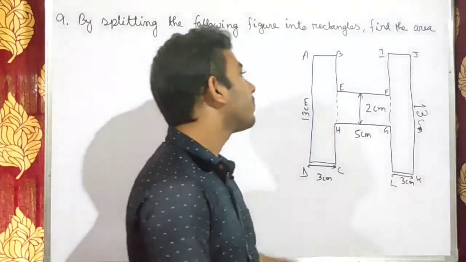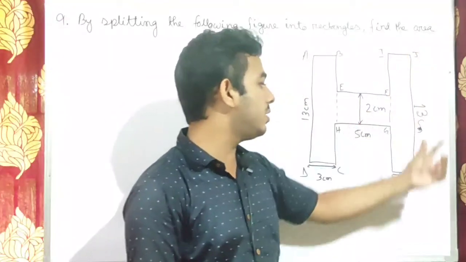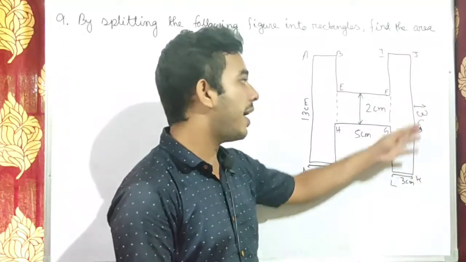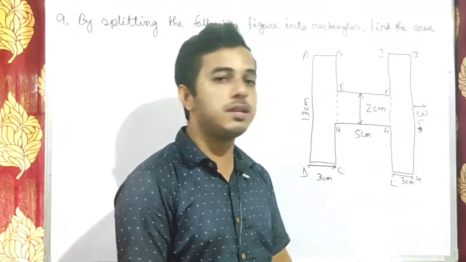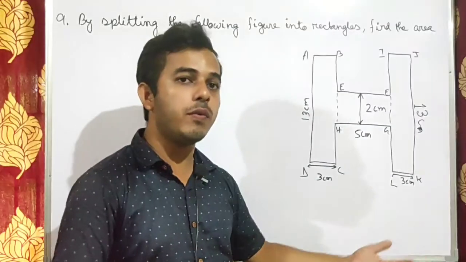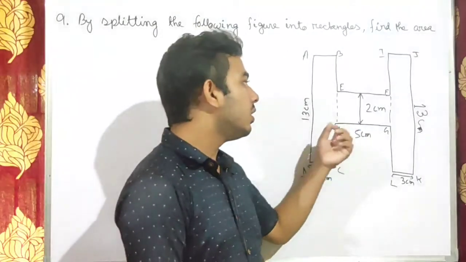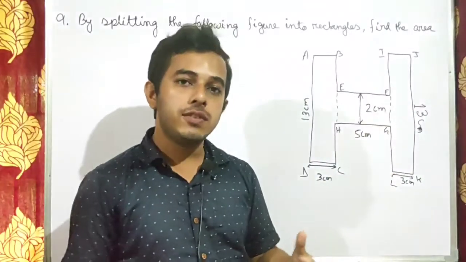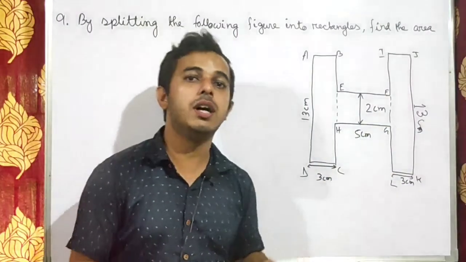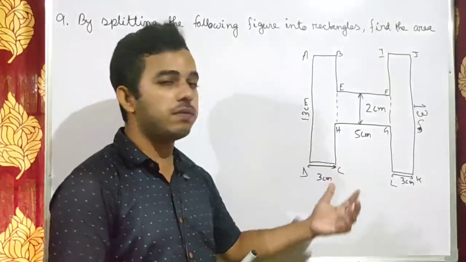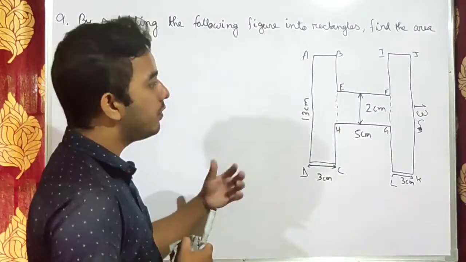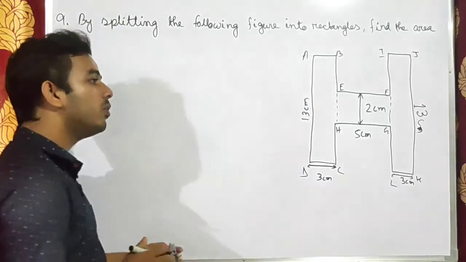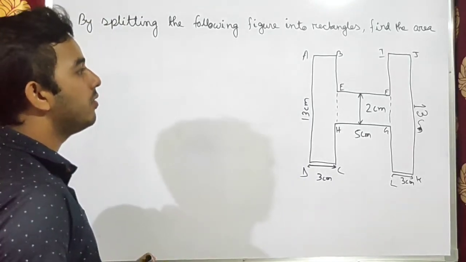Now in rectangle IJKL, here also we have length 13 centimeter, breadth 3 centimeter. If we find the area of all three rectangles and sum up their areas, it will be the resulting area of the given figure. So now we will find the area of all three rectangles, then sum up and find the area of the given figure.